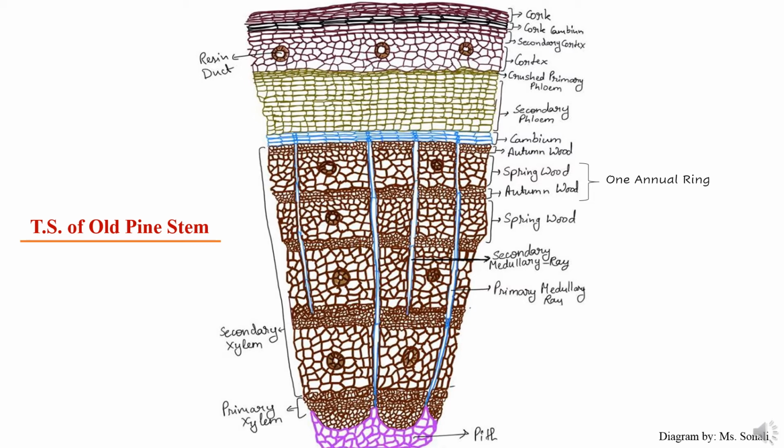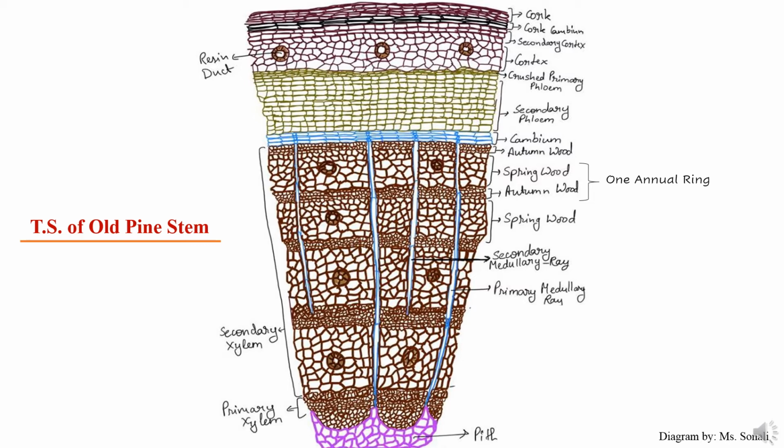Now, this is a diagram showing transverse section on old stem of pinus. Moving from outside to the center, you can see cork on the outside, followed by cork cambium and secondary cortex cells.